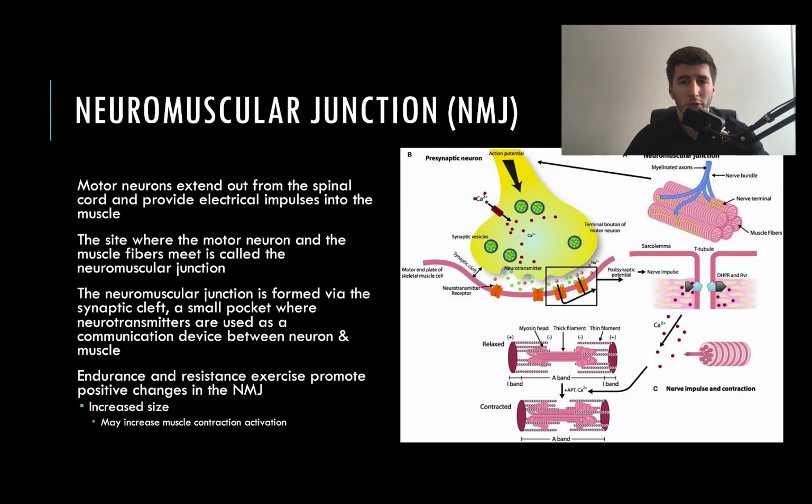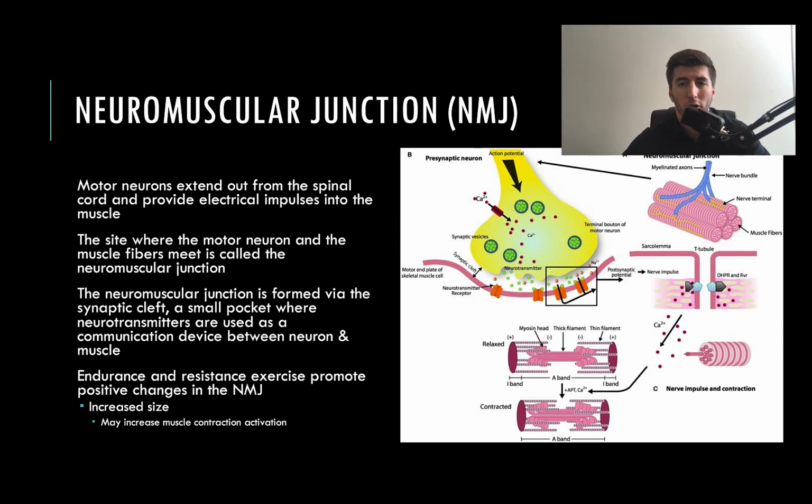The neuromuscular junction is going to be the site where we have a neuron meeting with a muscle cell, or meeting with a muscle in general. So the neuromuscular junction is simply the meeting site of a presynaptic neuron, a motor neuron, and the muscle itself. What happens in the neuromuscular junction is you have a signal that gets propagated down the axon and towards the terminal branches of the neuron, right?